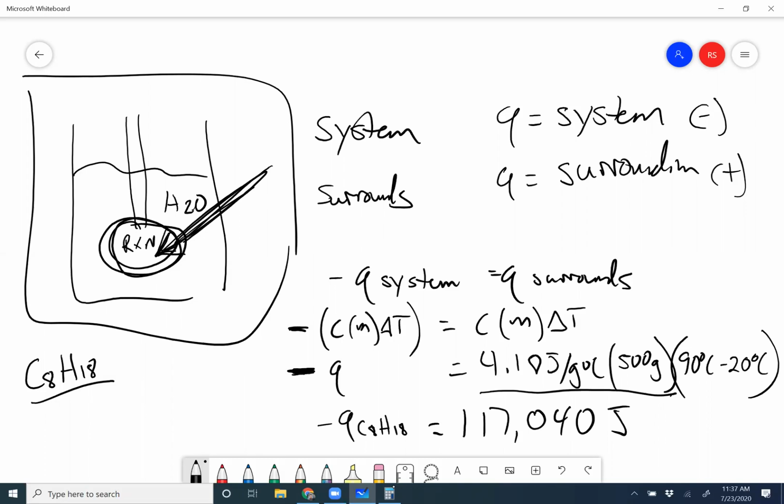So what this means is that we could then find the specific heat of the octane. We could find the temperature change of the octane. We could find the mass of the octane, because now we have a number that we can plug into this equation, Q equals c m delta T. And all we had to do was measure one of the things in our experiment, whether that was the system or the surroundings. So we use this for all kinds of things.